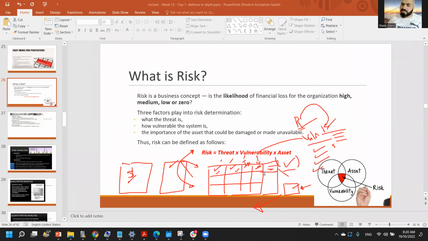Okay, the second thing we look at is the vulnerability. The data is there, and if you never encrypt it, the data is basically in clear text.